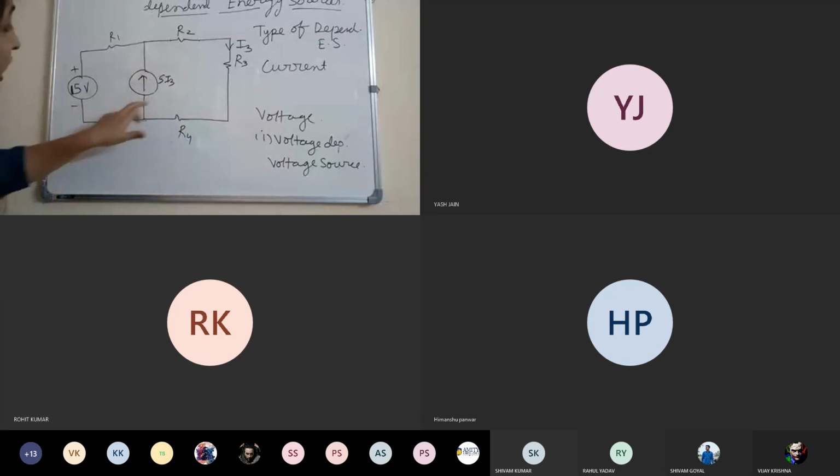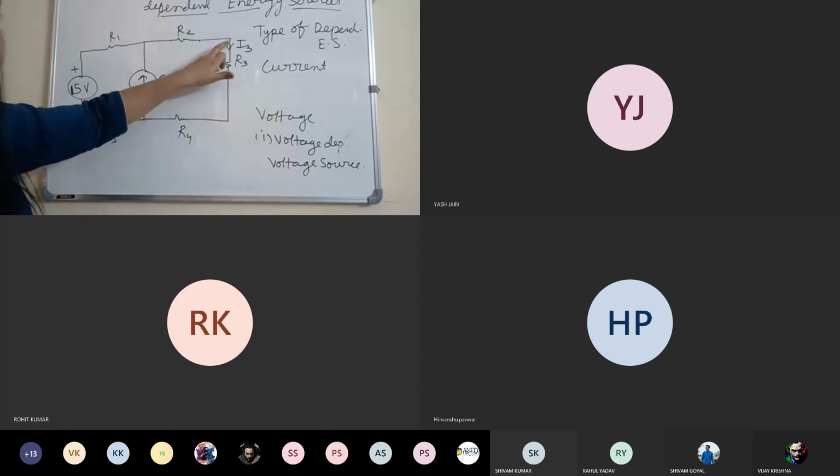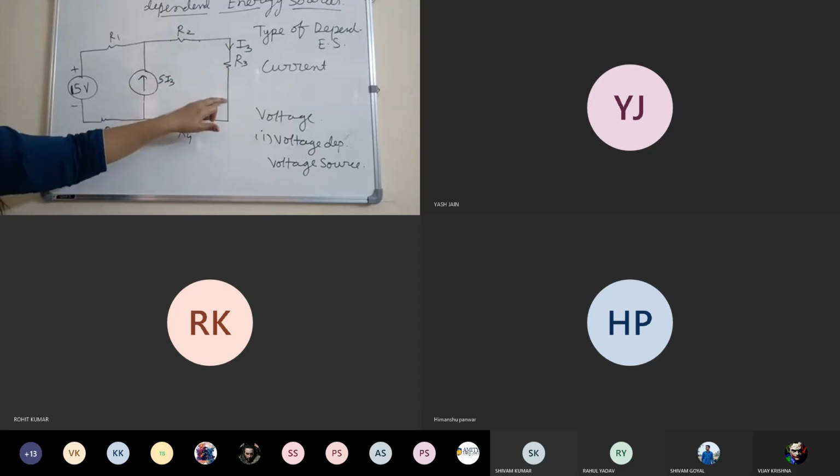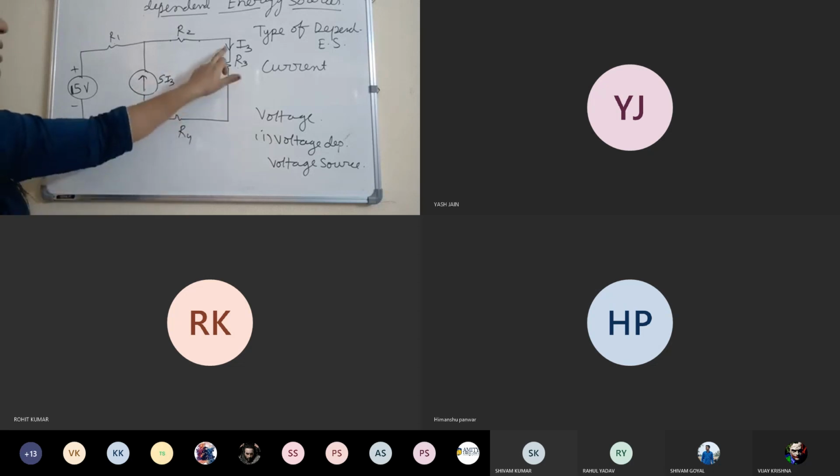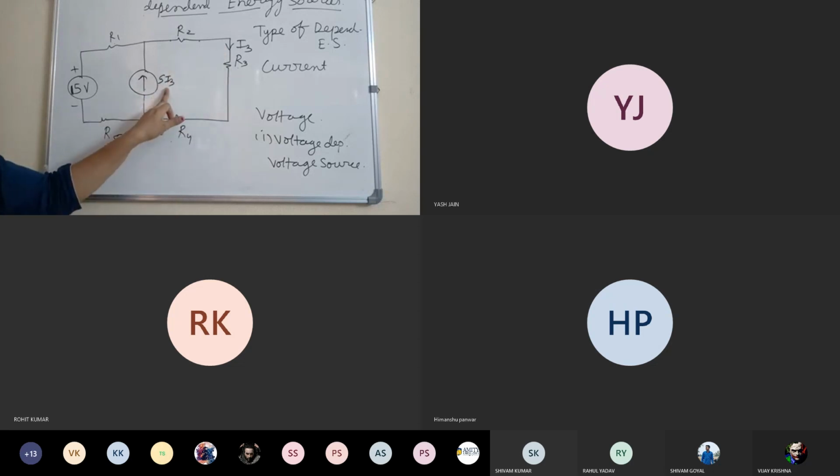It means to know the value of current generated by this, first I have to calculate the value of I3. I3 is the current which is flowing through R3. The parameter I3, multiplied with 5, is my current.